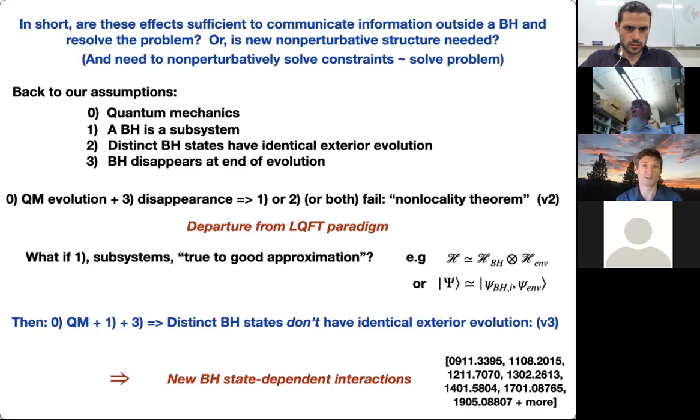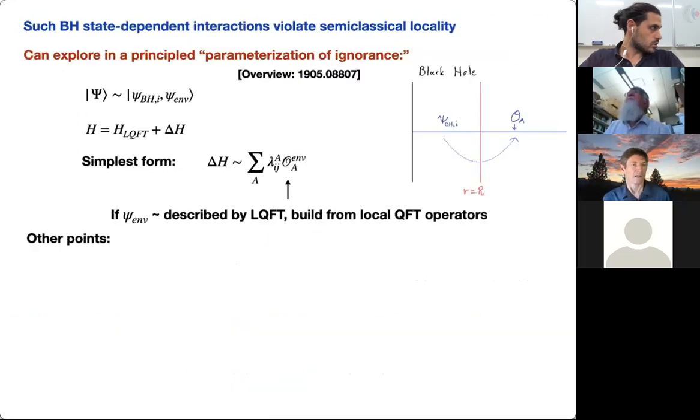There must be interactions that effectively transfer information from the internal state of the black hole to outgoing excitations. And that's a story I've studied in a series of papers, some of which are listed here. Now, such black hole state dependent interactions violate semi-classical locality. Of course, that's with respect to the classical geometry, which we know is not the full story.